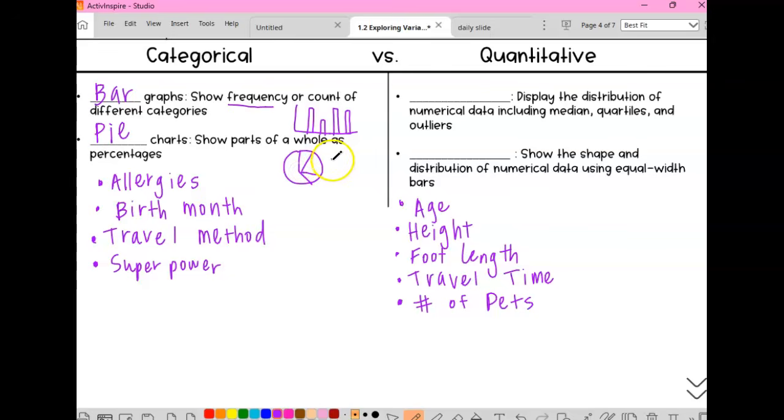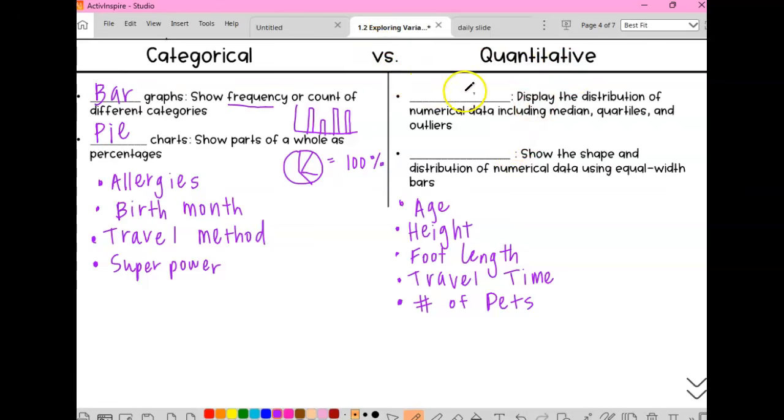Okay, and what should the total circle equal? 101%. How many degrees are in a circle, by the way? 360. But if we're doing data, the categories, all the sections should equal 100%. Okay. All right, are we good with bar graphs and pie charts?